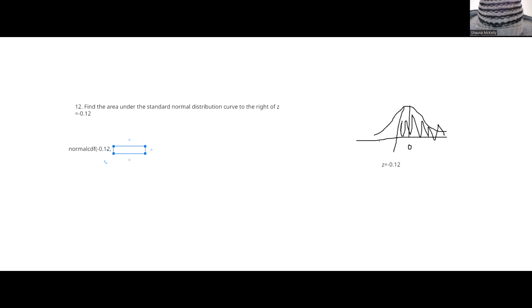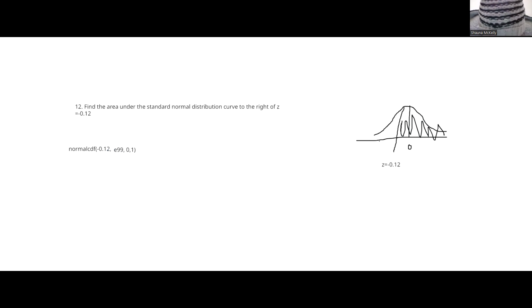Then the mean, which is 0, and the standard deviation is 1. These are defaults, 0 and 1 in the calculator, so you don't have to write them in, unless they're different. But I always get in the habit of writing all four. So remember, left bound, right bound, mean, standard deviation.